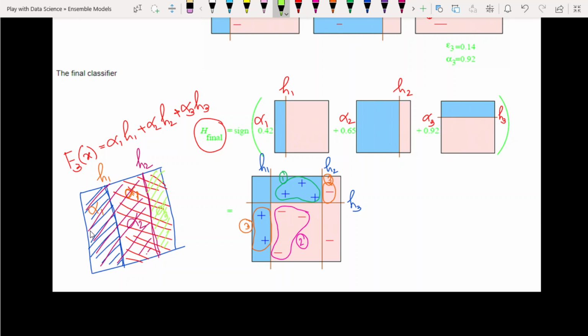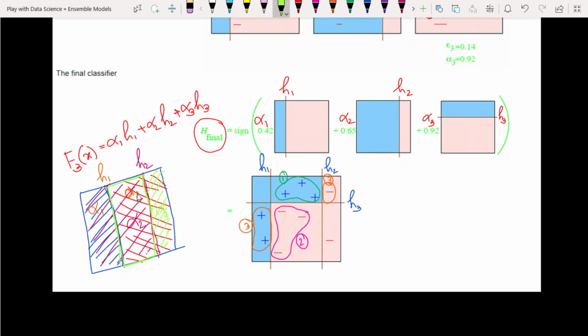Actually this is positive, this is negative, don't be confused, but the confusion area is this one. H1 says that this area is negative, but H2 says this middle area is positive. So how to decide? We decide these things by using the combination of alpha 1 and alpha 2, and the combination result will decide what will be the actual output of these regions after stage 2.